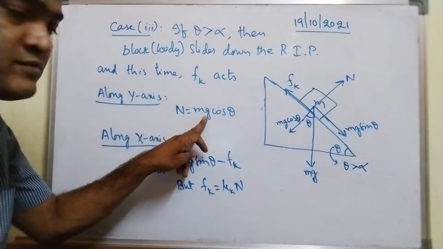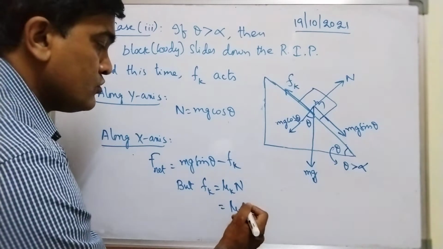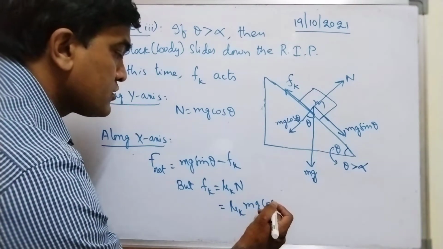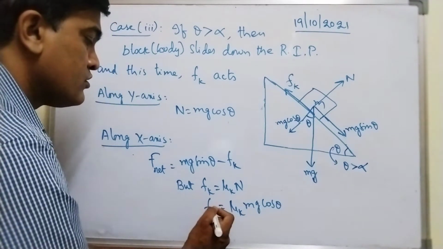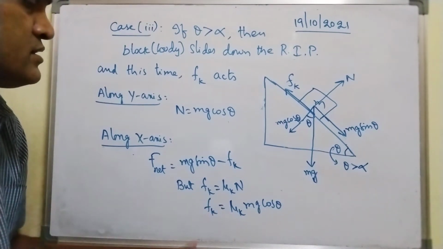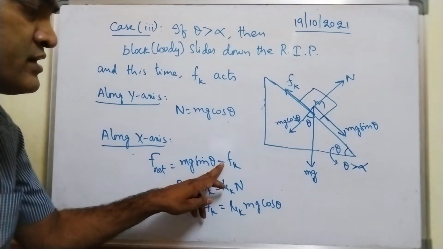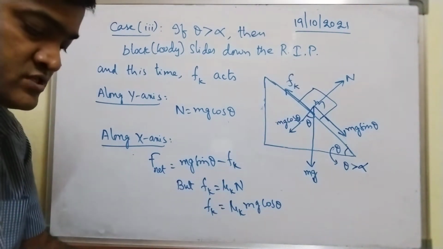Normal force is balanced by mg cos theta. So I can write this as mu k into mg cos theta. This is the value of kinetic frictional force. Therefore F net I can write as mg sin theta minus mu k mg cos theta this time.